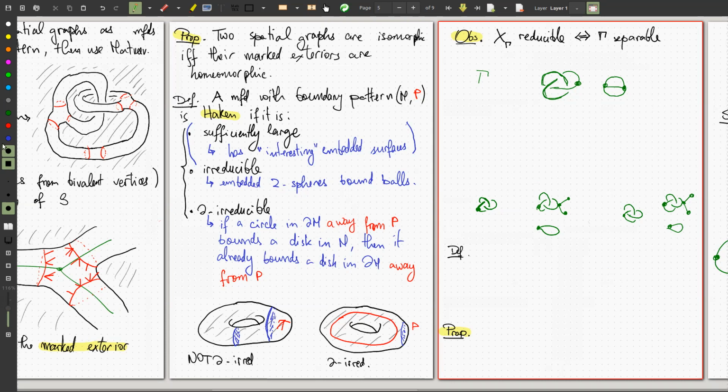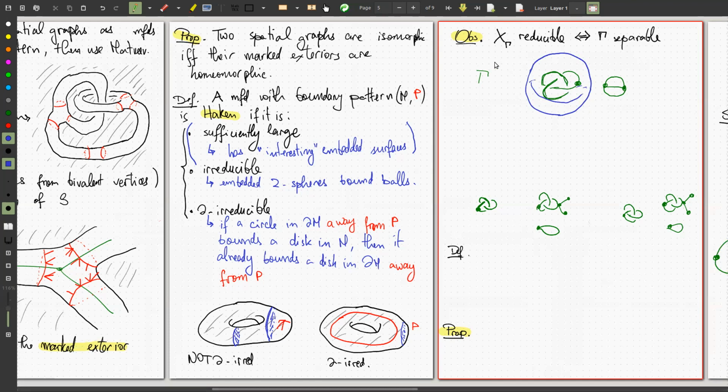By separable, I mean that you can find a two-sphere, like this one, that separates one portion of the graph from another.